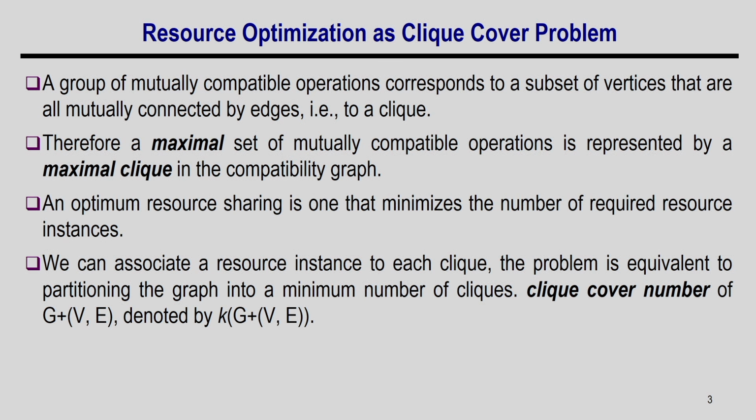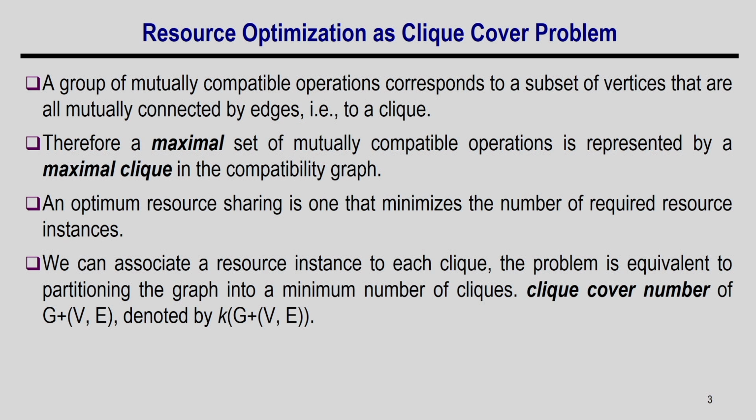Specifically for function unit allocation and binding, if two operations are running in parallel, that means they are scheduled in the same time stamp, they are not compatible with each other. That means we need different resources to execute these operations, right.